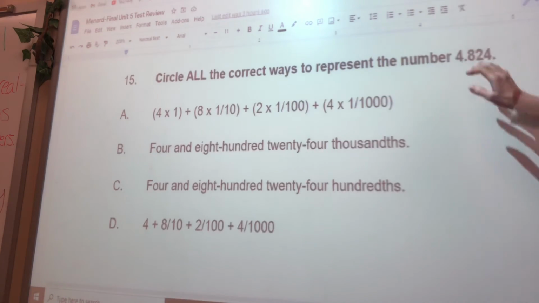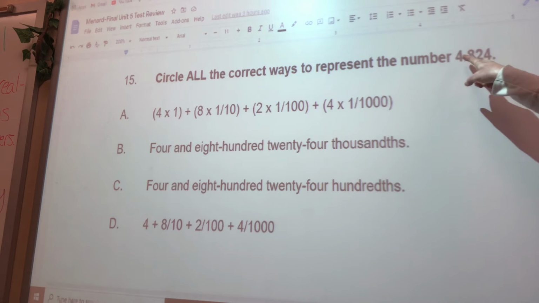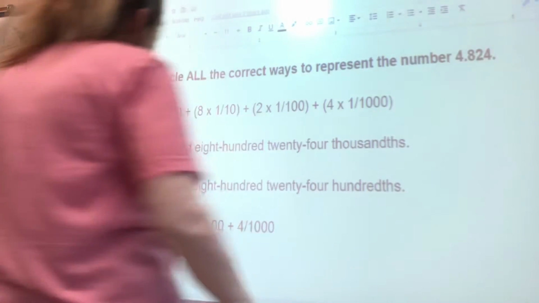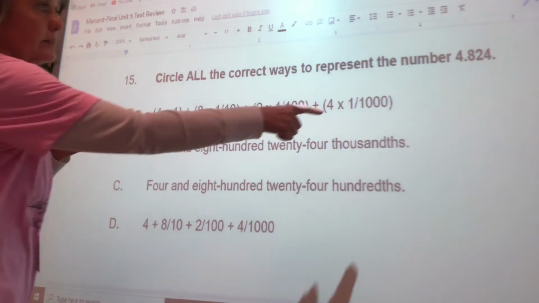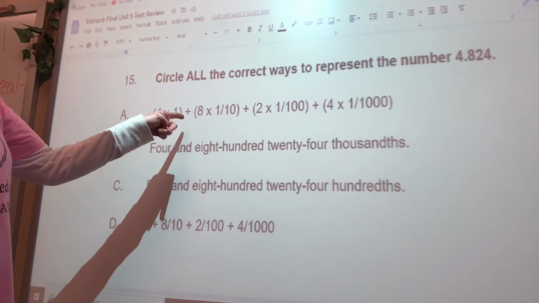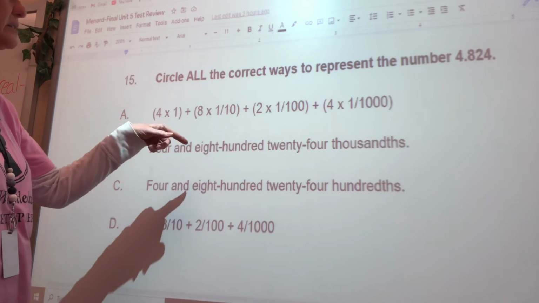Okay, and then the last one. It is also circle all the correct ways to represent the number 4 and 824 thousandths: tenths, hundredths, thousandths. Well, if we look at this first one, if I multiplied 4 times 1, would I get 4 whole ones? Yeah, and that's what it says I have right there. And I have 8 times 1/10. 8 times 1/10, that's 8 tenths.